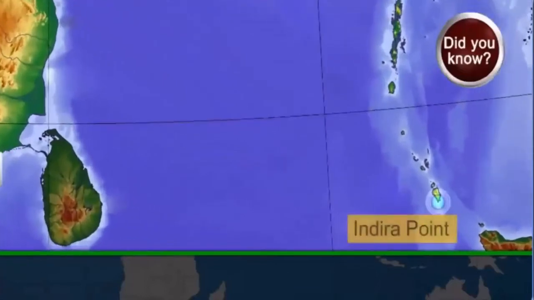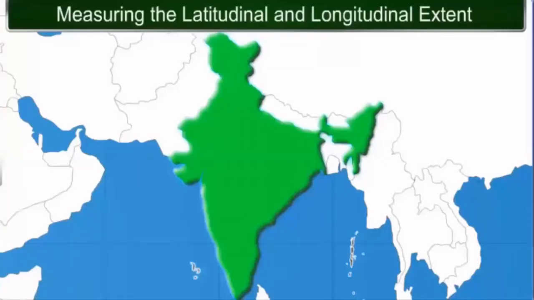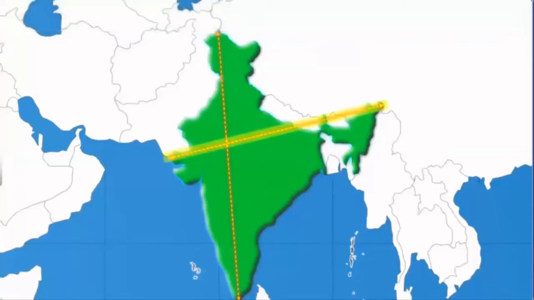Did you know the southernmost tip of India, called the Indira Point, got submerged under the sea in the tsunami that struck the country in December 2004? Now, looking at the map, can you identify which extent is larger, the east-west stretch or the north-south stretch?